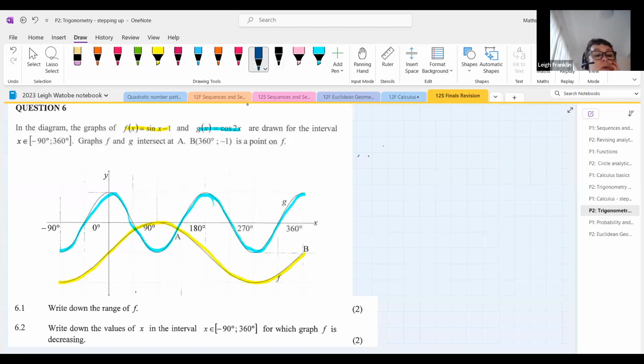Okay, now let's go and have a look at the questions. The first thing that they want us to do in question 6.1 is write down the range of f. So what is the range of f? Can anybody tell me?